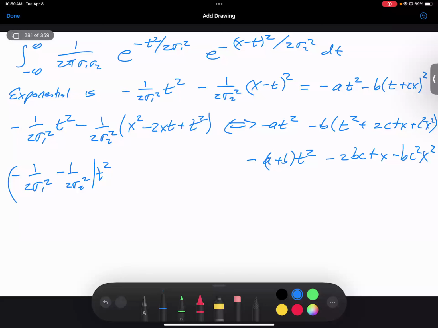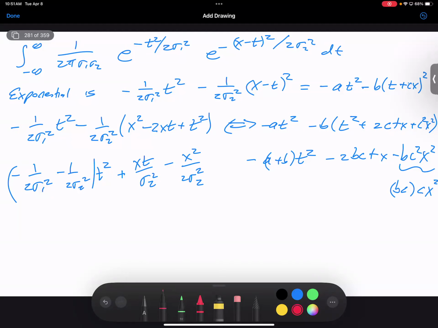Then we have minus 2/2 sigma 2 squared, the minus reinforced, I think, plus the 2's cancel, xt over sigma 2 squared, and then minus x squared over 2 sigma 2 squared. So we want to match things. And so I can write this term over here as bc times c x squared.